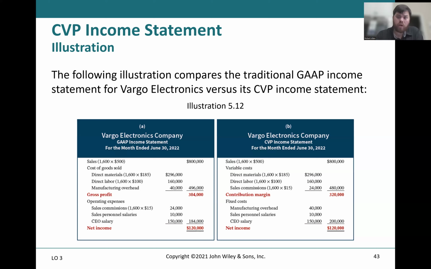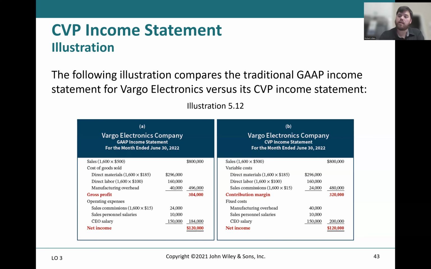So what do you need to know here? You need to know which accounts or line items are only going to be found on each income statement. Under the GAAP income statement, you're going to see things like cost of goods sold and gross profit that you're not going to see on the CVP income statement. On the CVP income statement, you're going to see things like contribution margin, total variable cost, total fixed cost. Those are things you are not going to see on the GAAP income statement.